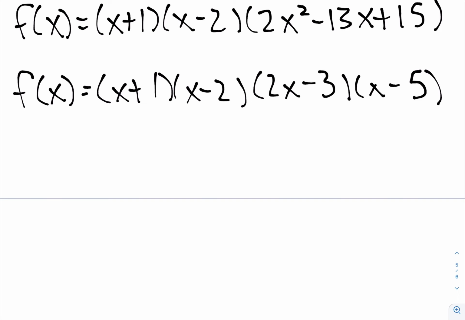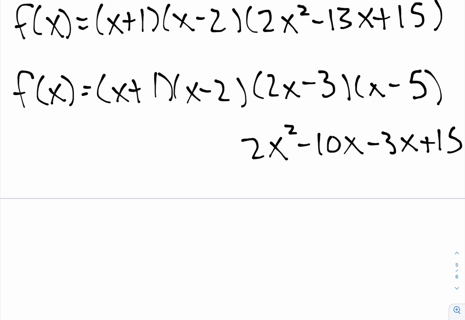Let's see if that works. 2x times x is 2x squared. 2x times negative 5 is negative 10x. Negative 3 times x is negative 3x. That looks good, and then plus 15. So now this is fully factored.